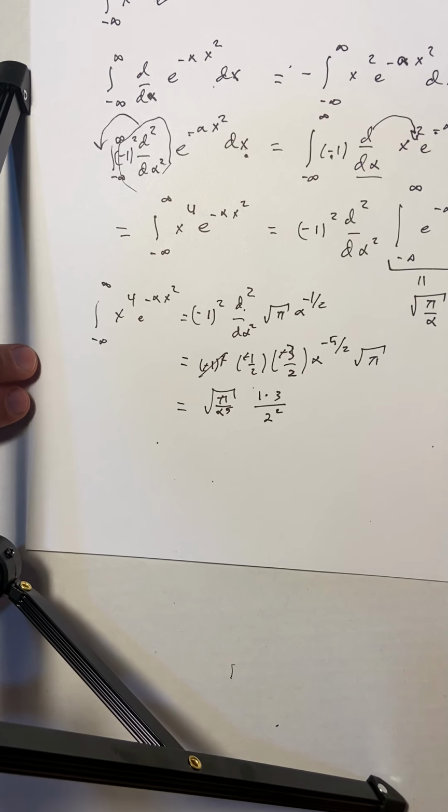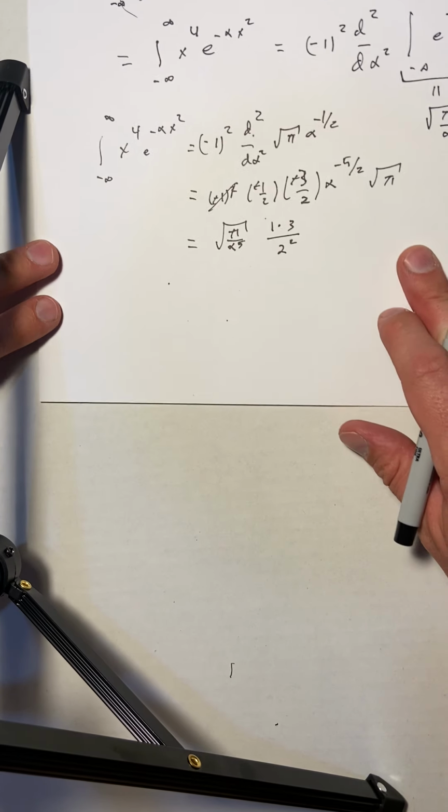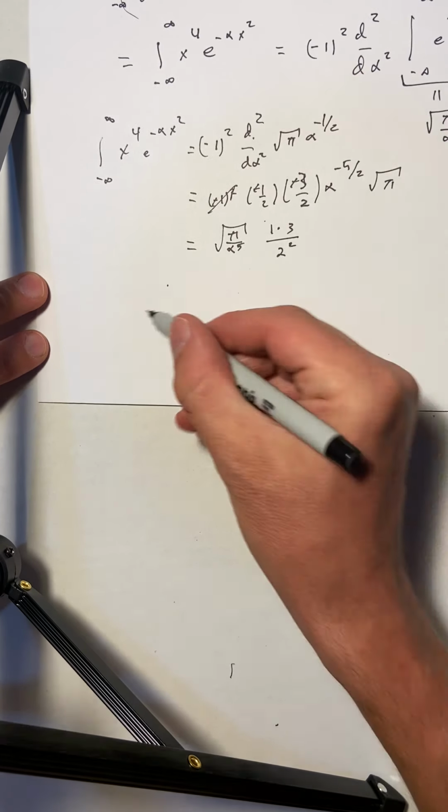Let's do the general formula. It's basically repeating the same thing. The general formula, as hopefully you can see, is the integral from minus infinity to infinity of x to the 2n e to the minus alpha x squared dx. Every x squared can be replaced by a negative d/d alpha. And every one of those negative d/d alphas can be brought outside of this integral.